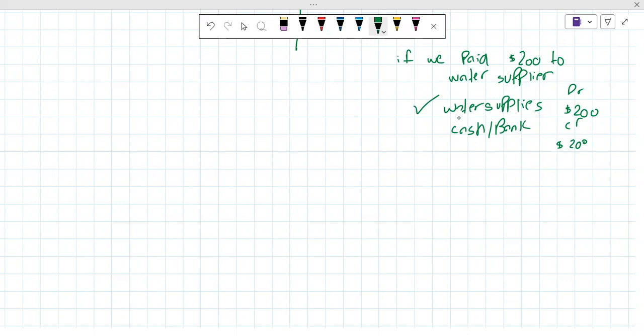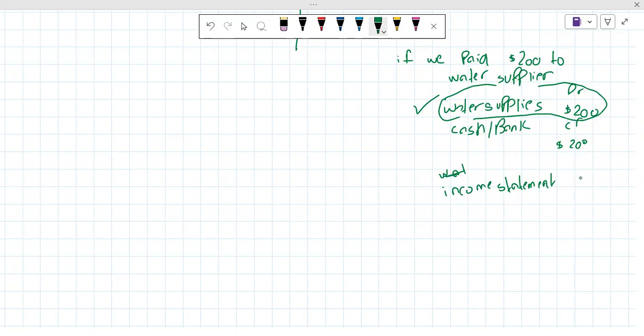But if we are going to make our income statement after one year, what will happen to this water supplies amount, like $200? We know that all expenses in the income statement would be debit. So what is the double entry for income statement? If we are going to post this expense, water supplies, into income statement, what type of double entry will we have to follow?